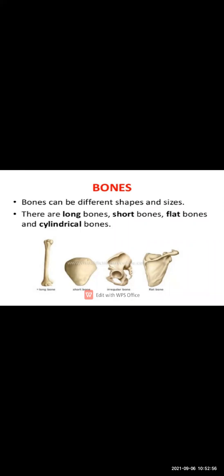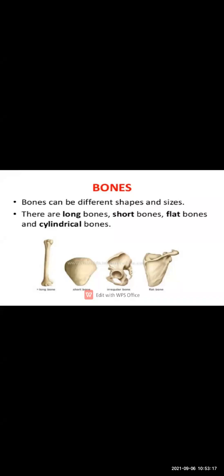Now as we are talking about bones, we should also know that bones are of different shapes and sizes. According to shape and size, bones are classified into four different types: long bone, short bone, flat bone, and cylindrical bone.